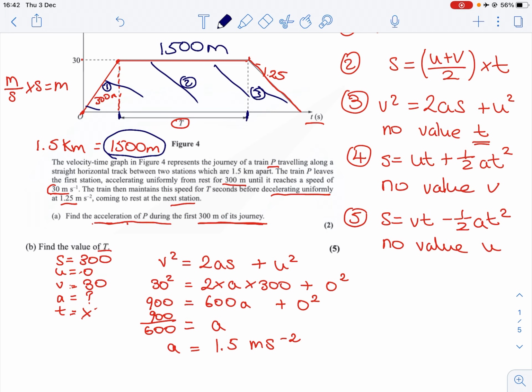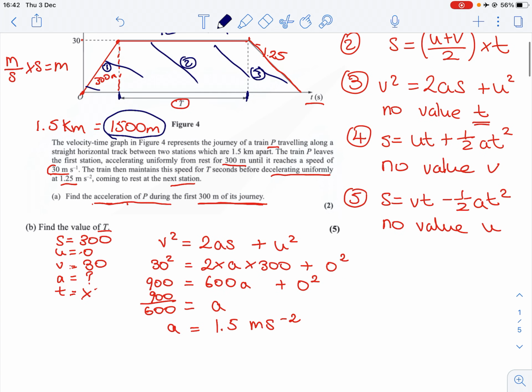So let's look at the first part. We know this is 300, but we don't know the time it takes to reach here. We can find out how long it takes to go from 0 to 30 meters per second.